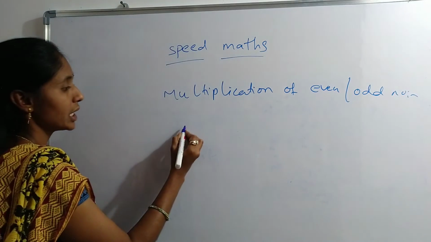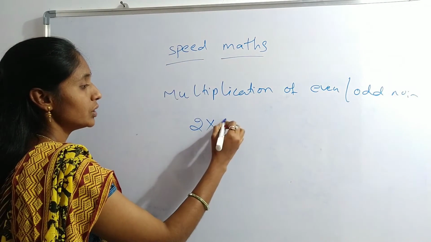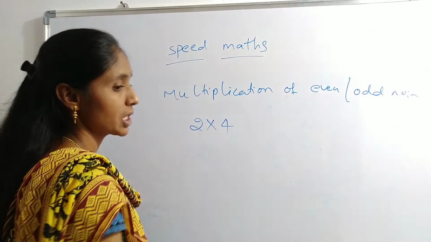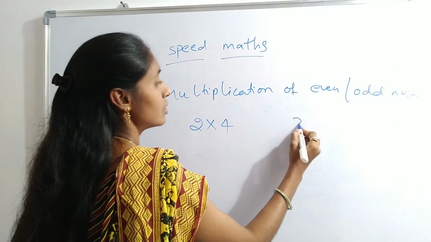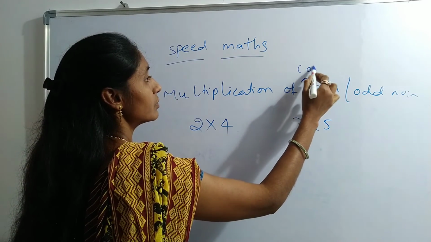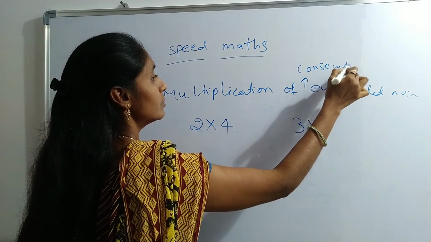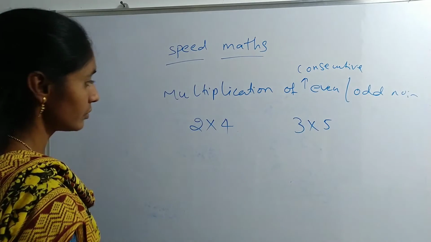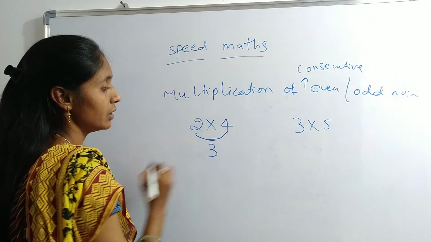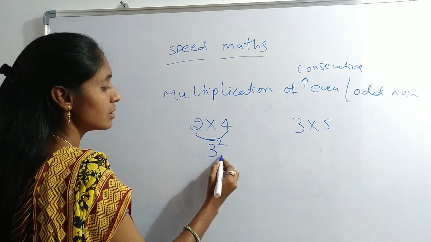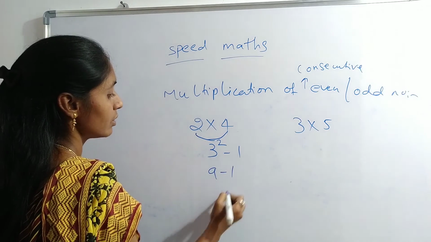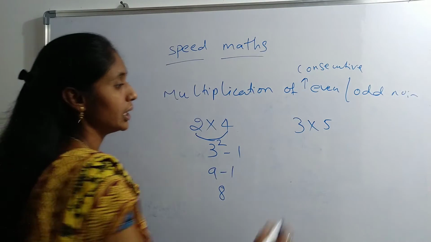Take the example 2 into 4, which are consecutive even numbers. Or odd numbers, 3 into 5. Take the middle value 3. Square it and subtract 1. 9 minus 1 is 8.